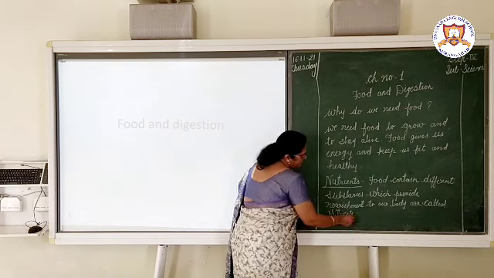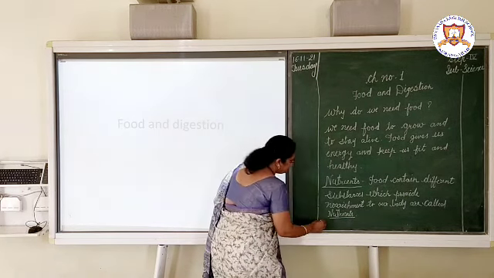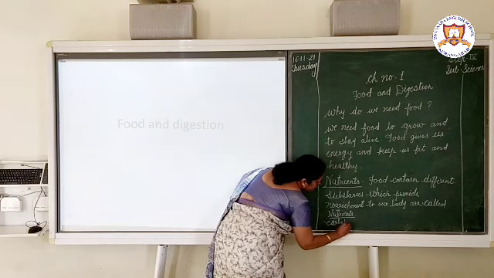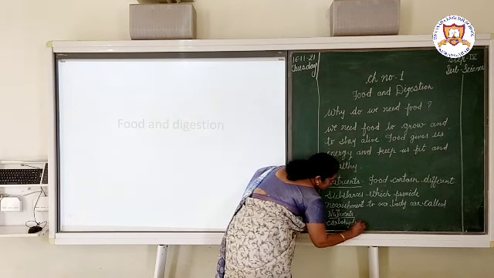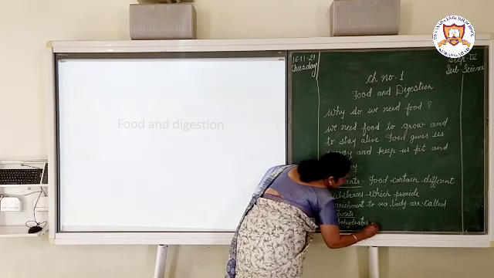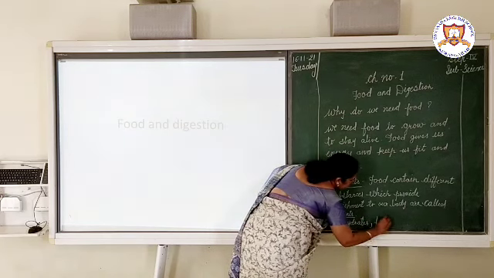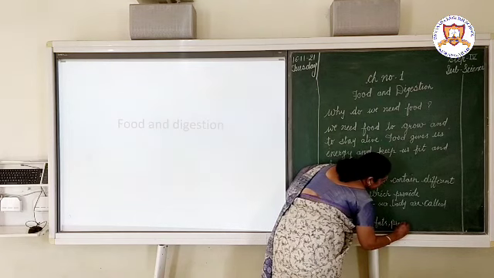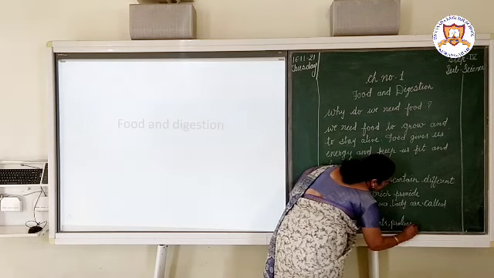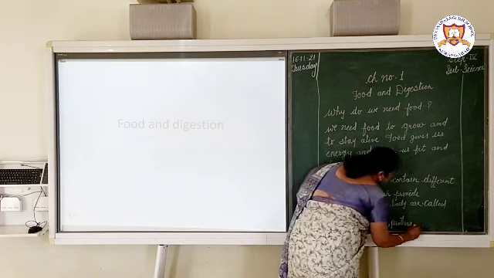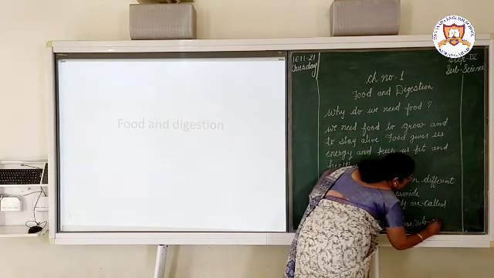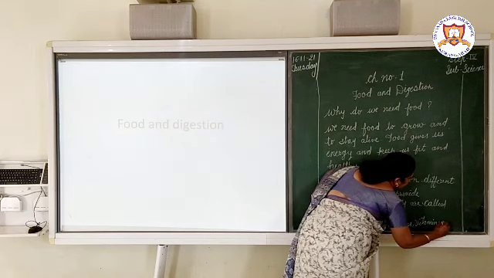There are different types of nutrients such as carbohydrates, fats, proteins, vitamins and minerals.